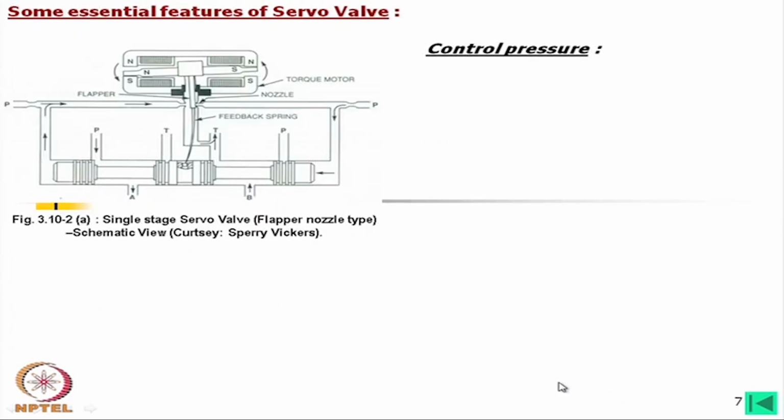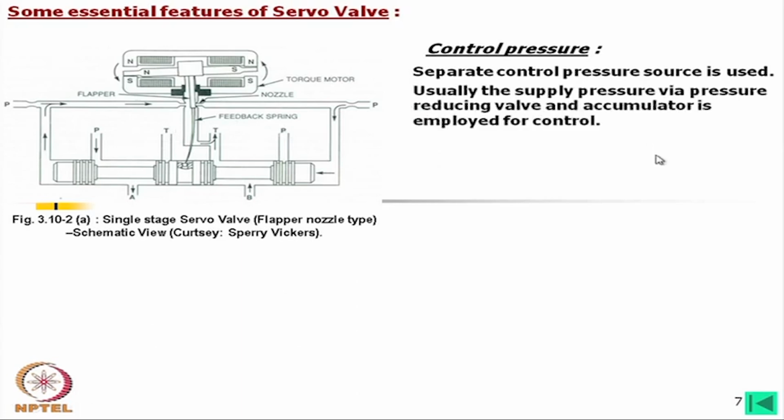Then we think of this control pressure here. Now, a separate control pressure source is used. That means this source is a separate source, not the main source here. Usually the supply pressure via a pressure reducing valve and accumulator is employed for control.